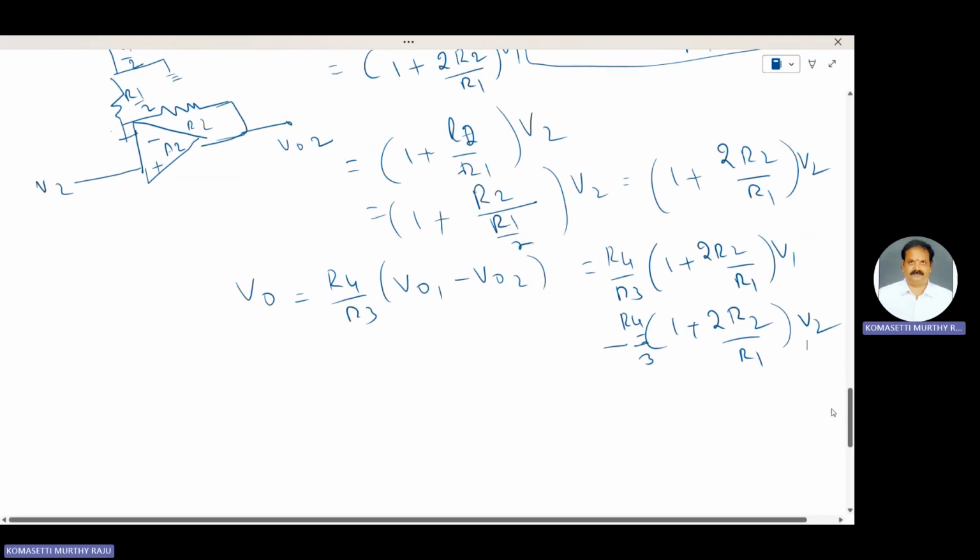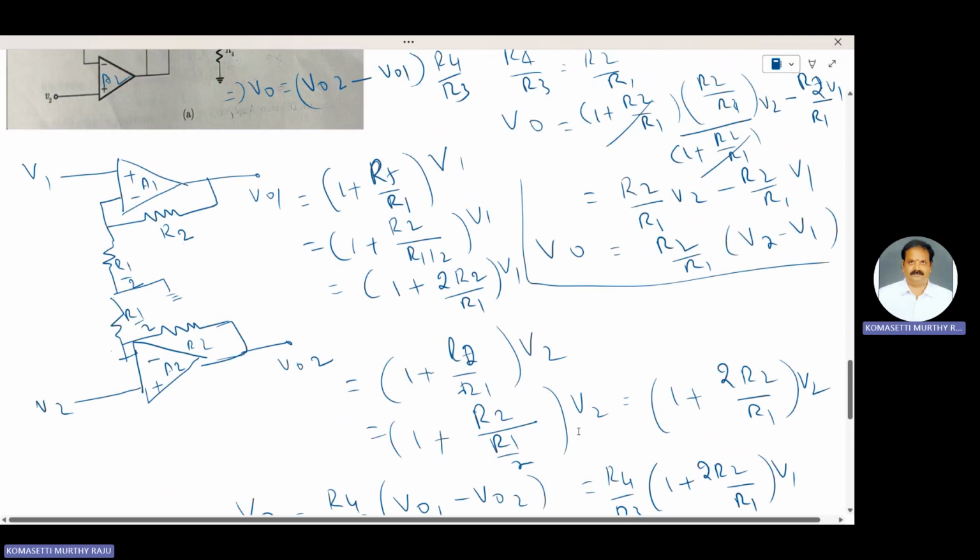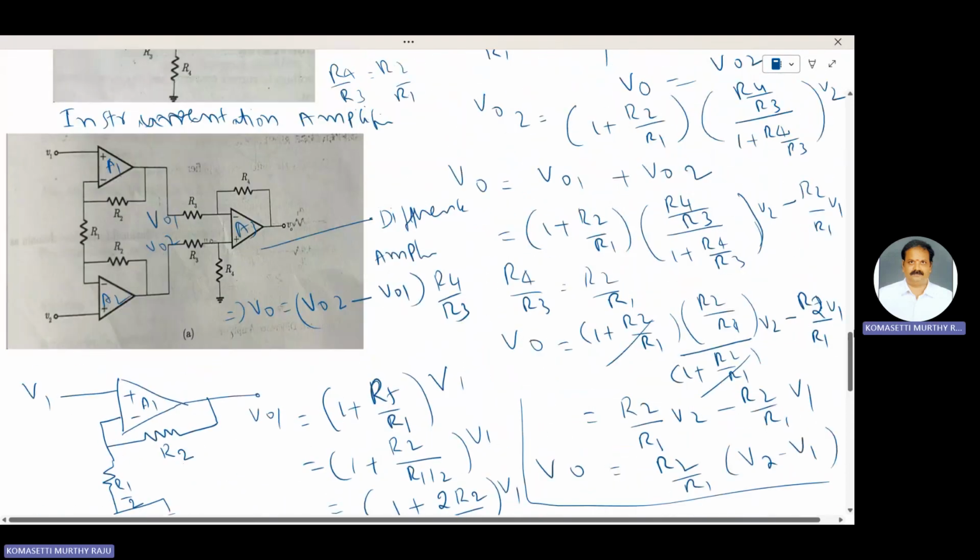Therefore, V0 is equal to the common term R4 by R3, 1 plus 2R2 by R1, into V2 minus V1. This is the output voltage V0 of the instrumentation amplifier.